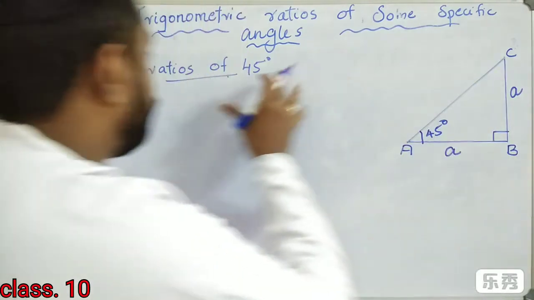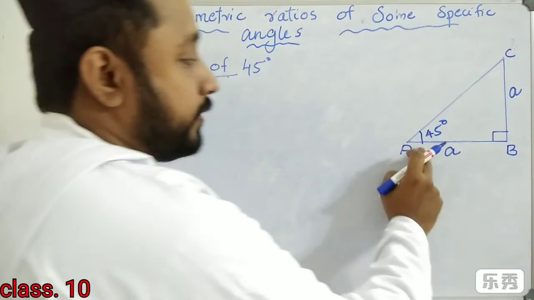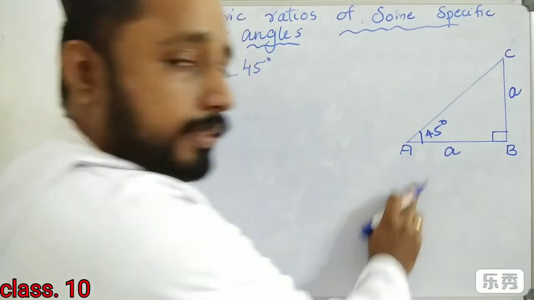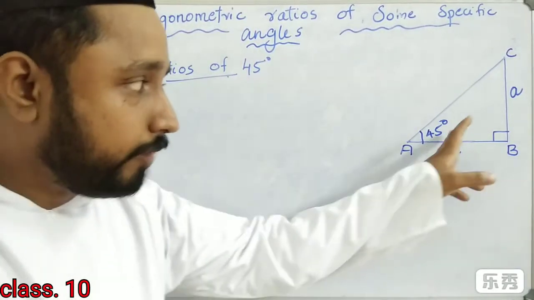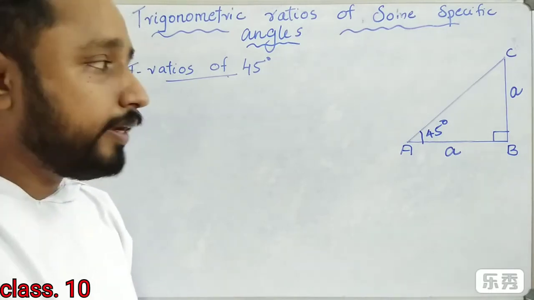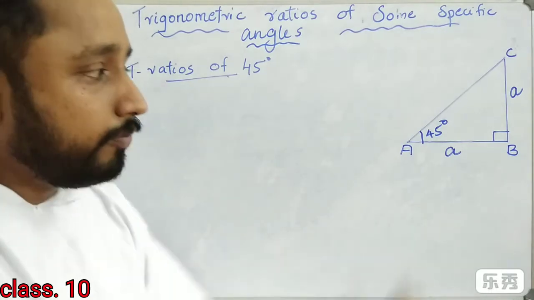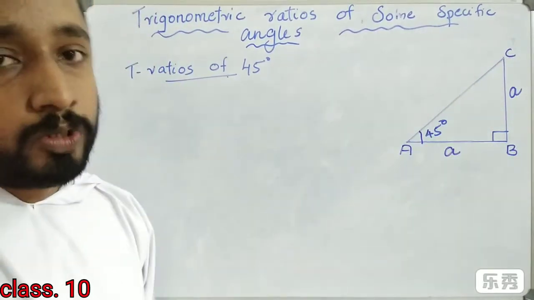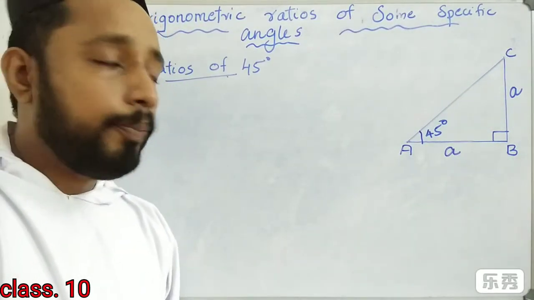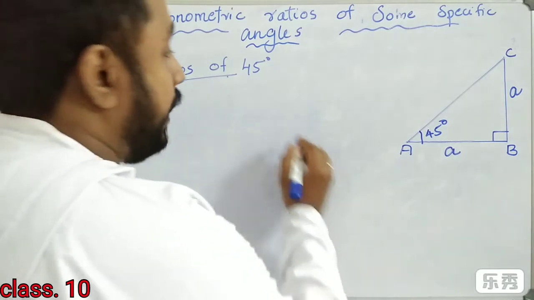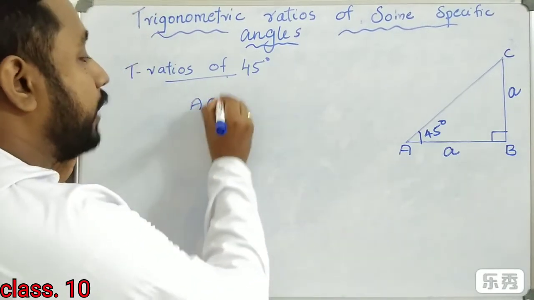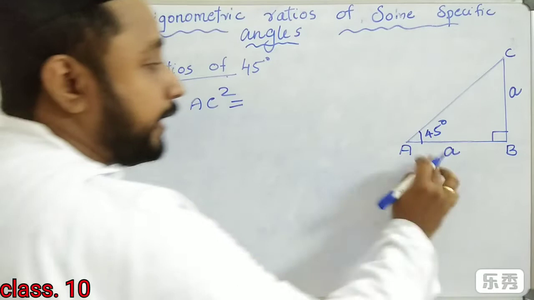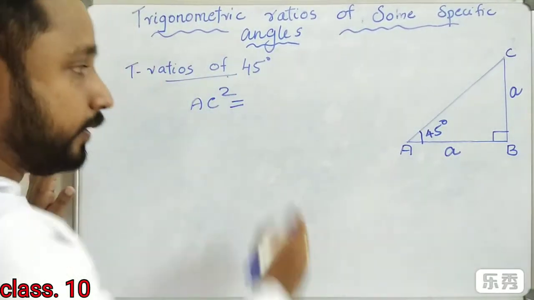So we have to find the ratios of angle A, which is 45 degrees. So we are going to find sine 45 degrees. We know this side, but we don't know the hypotenuse. So first we have to find the hypotenuse. We have the formula: AC square, the hypotenuse square, is equal to AB square plus BC square.